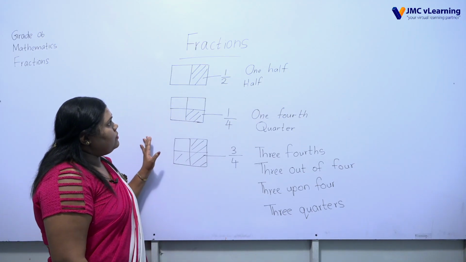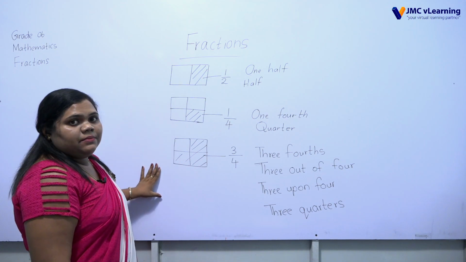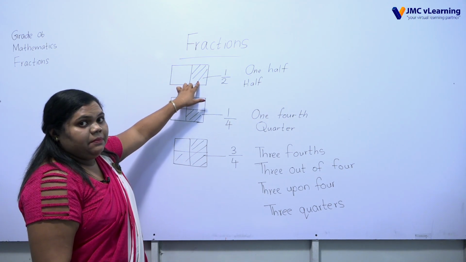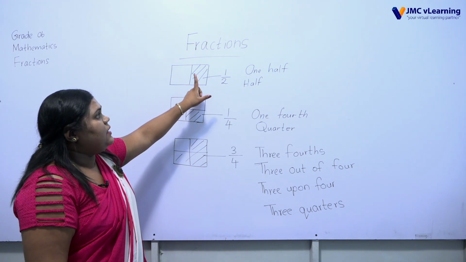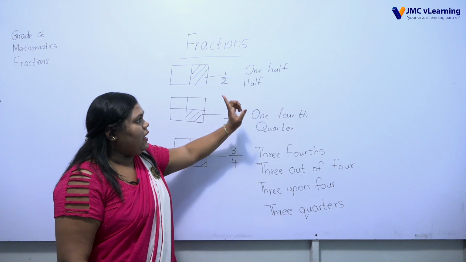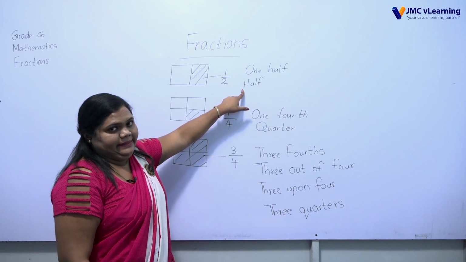Okay, now this is the summary. We divide one cake piece into two parts, and if you eat one part we call that 1/2 or half of it.